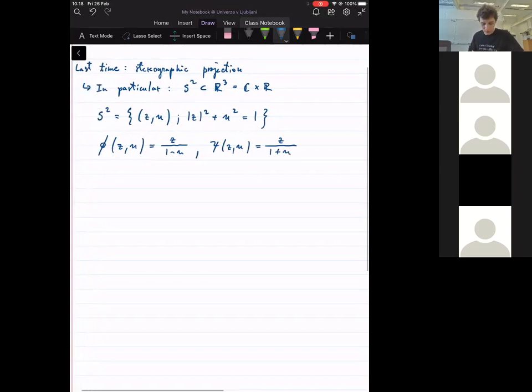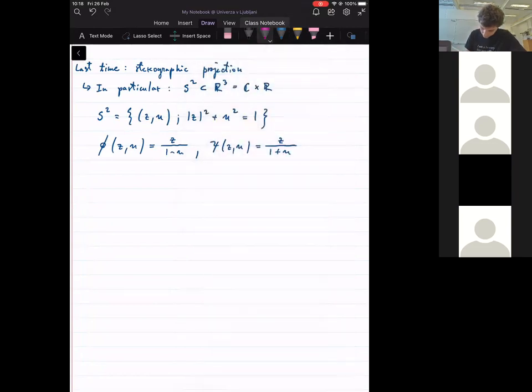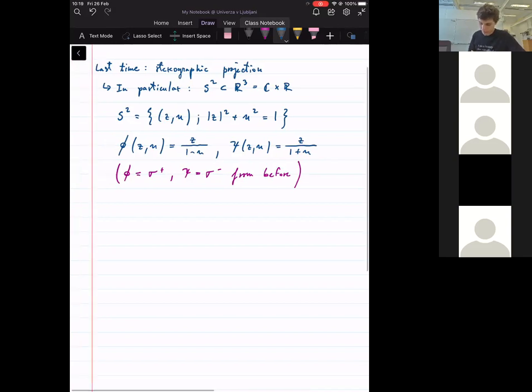As a comment, phi is now equal to sigma plus, and psi is now equal to sigma minus from before, from the previous exercise session. This is really easy to check. I'm not going to do it. You are invited to check this for yourself.